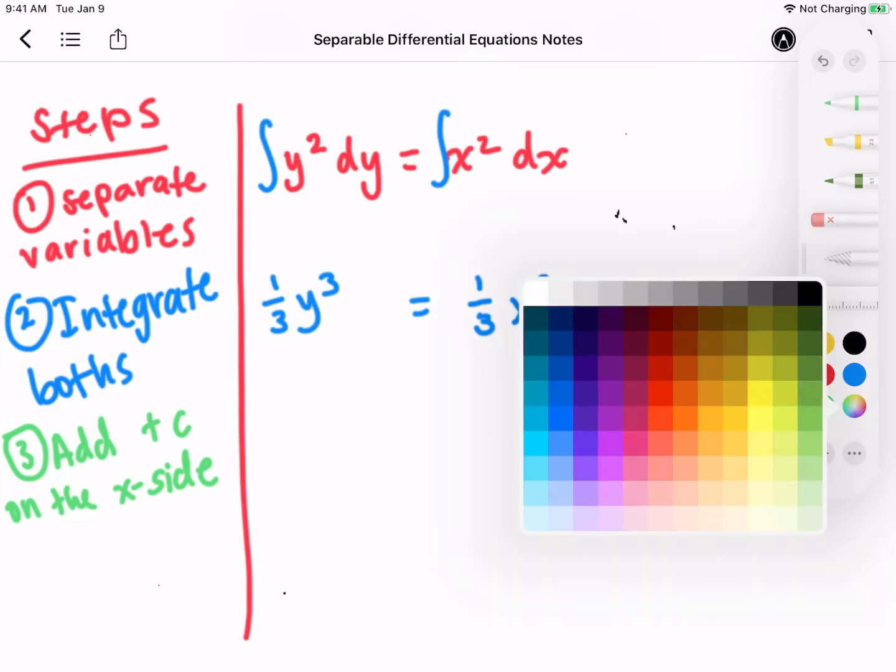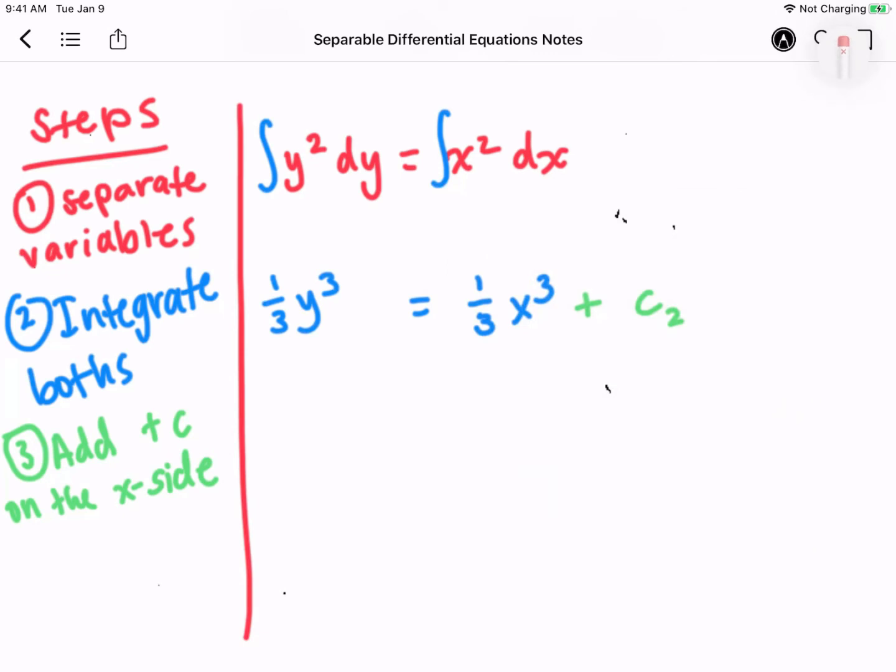And then I need one more color, purple, for our fourth step. And that is just to solve for y. So now we want y by itself to fully solve the differential equation. So I'm going to multiply times 3 to cancel those 3's out.